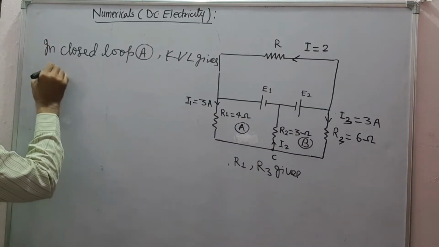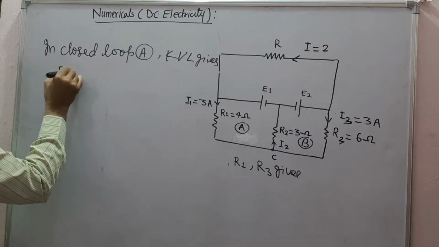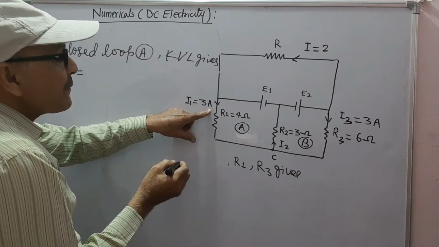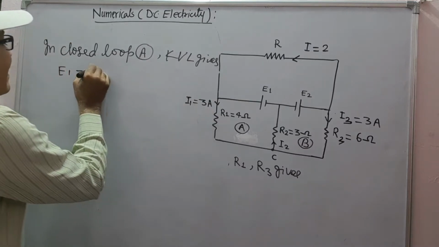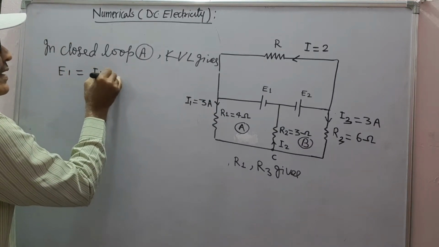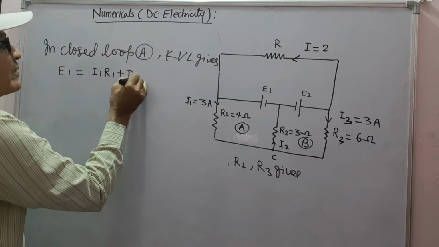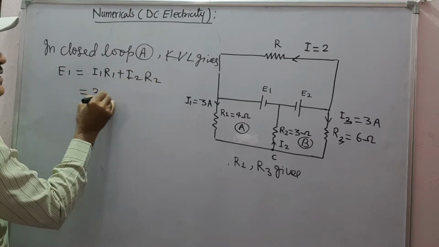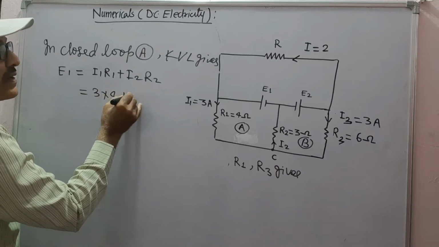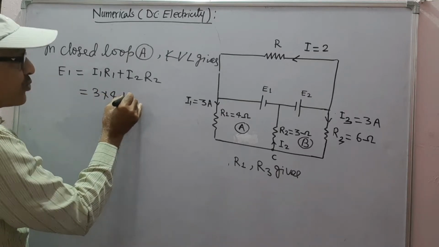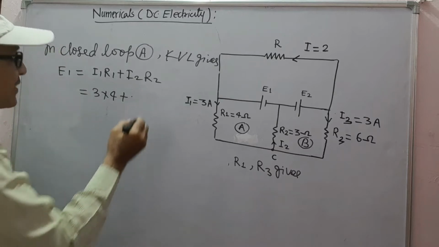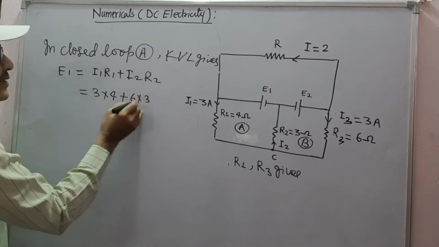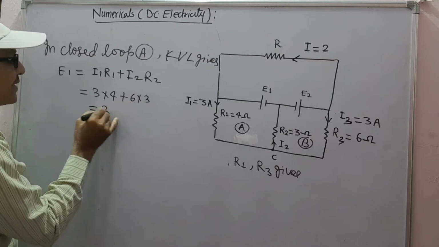So, E1 is equal to I1 R1 plus I2 R2, that is 3 into 4 plus I2, which has been calculated to be 6 ampere, 6 into 3, which is 30 volts.